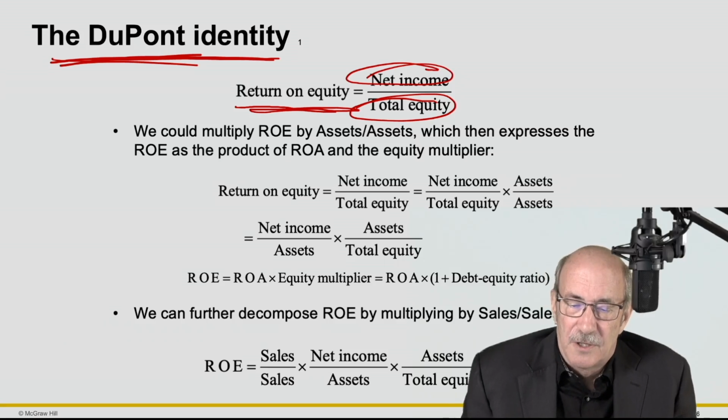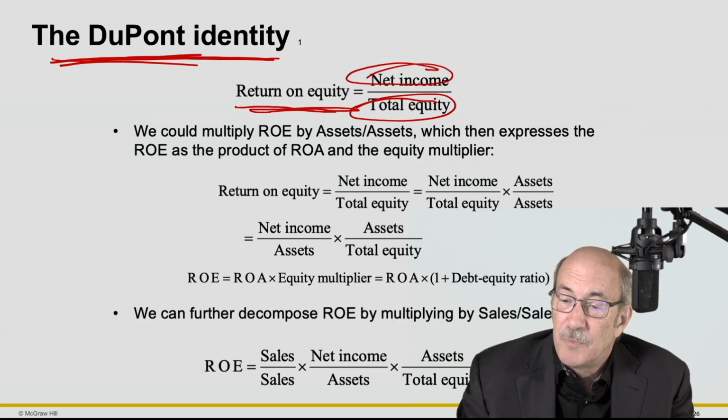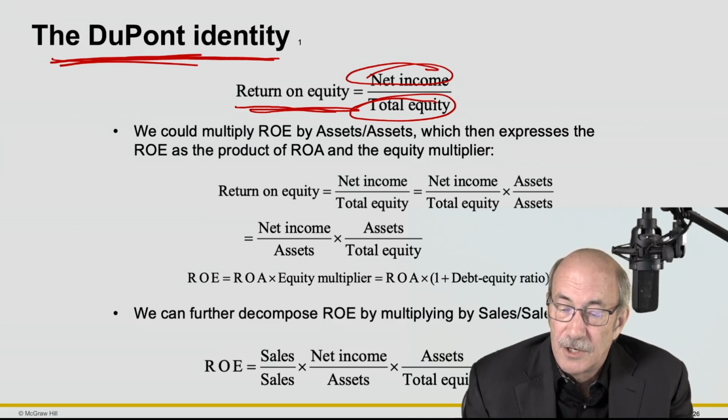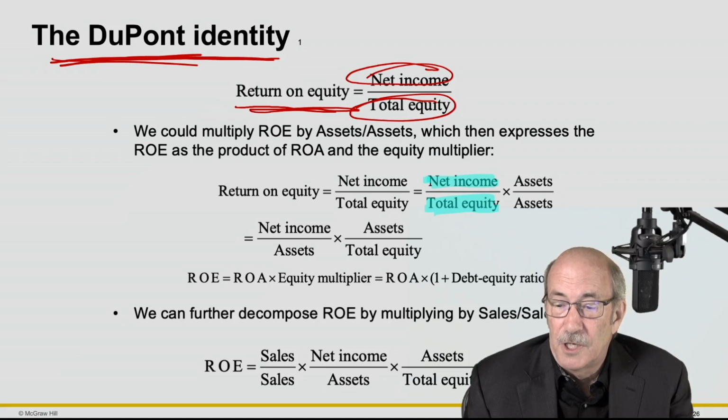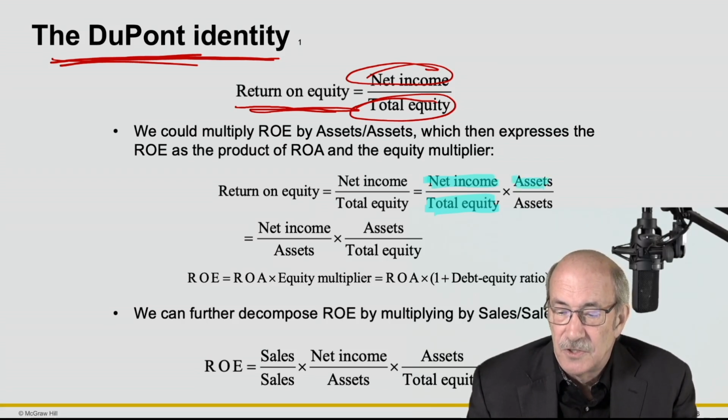They say, well, okay, so return on equity, let me go back to a highlighter. Return on equity is net income divided by total equity. Now they say, well, why don't we take another ratio and multiply that first ratio by assets over assets.